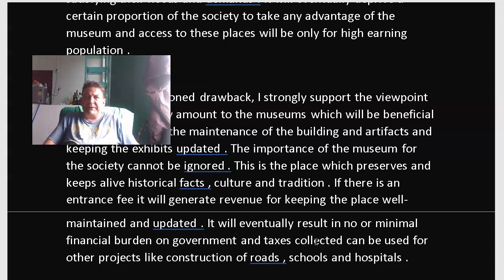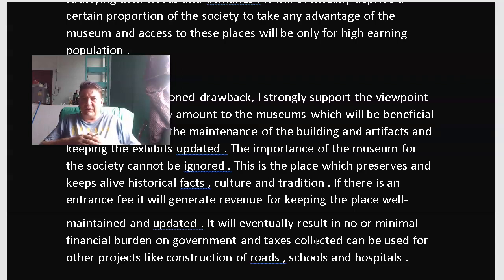Okay, this is the place which preserves cultures and traditions. Take that idea and explain why entrance fee helps in that purpose. Why are they in a better feature? What's wrong with being funded by the government? That you can work on.